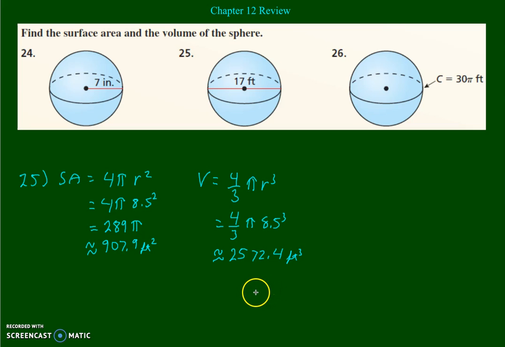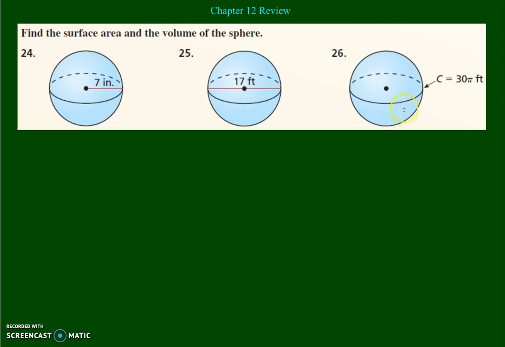Alrighty, let's move on to problem 26 now. In problem 26, we're given the circumference as 30 pi, so we're going to have to do some work to find the radius. Let's begin. 26.